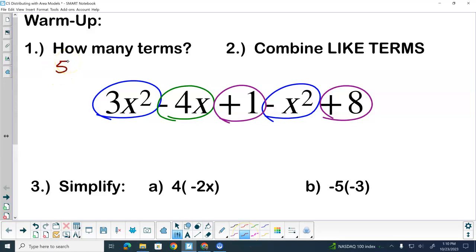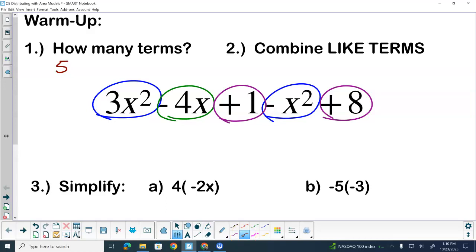Okay. Then it said combine our like terms. Well, when I circled mine, now granted, I have the ability because I have multiple colors. So I circled mine in the colors already. And so when I combine them, I'm going to combine the same colors. So if you have 3 pencils and I take 1 pencil away, how many pencils you got left? 2 pencils.